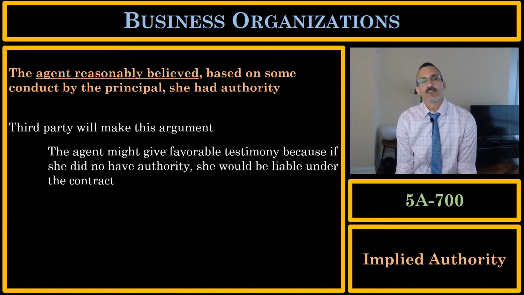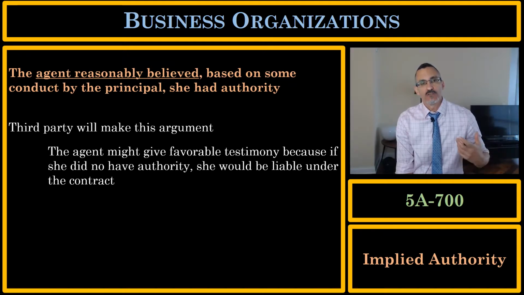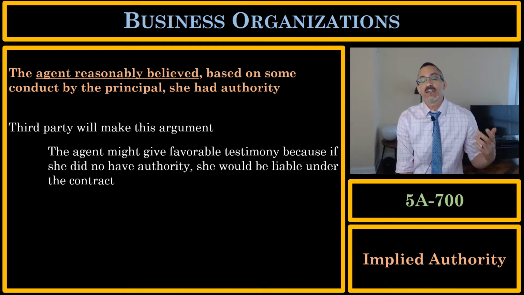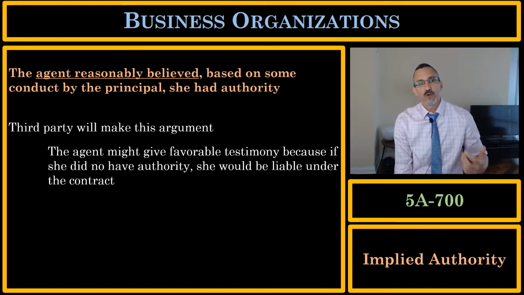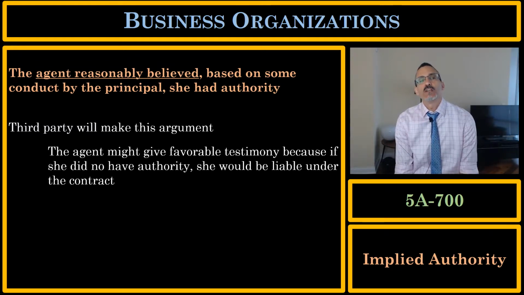Now, even though it focuses on the reasonable belief of the agent, the third party will use this argument. So if the third party dealt with the agent and the agent dealing with the third party bound the corporation to a contract, right? And now the corporation is saying, no, the agent did not have authority. We never gave authority to that agent. The third party will argue, well, even though you didn't give express authority to the agent, she was reasonable in believing that she had authority to bind the corporation to the contract with me, and therefore the corporation is bound.